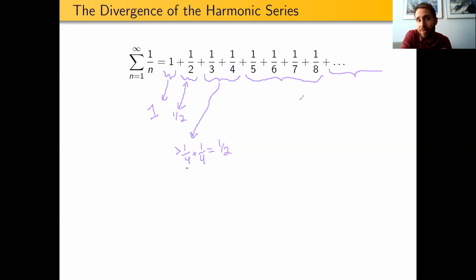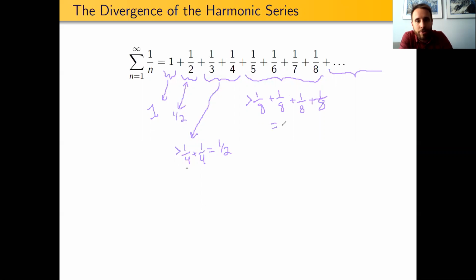The next 4 terms together, a 5th plus a 6th plus a 7th plus an 8th, notice that is going to be bigger than an 8th plus an 8th plus an 8th plus an 8th, right? Because a 5th is bigger than an 8th, a 6th is bigger than an 8th, a 7th is bigger than an 8th, and an 8th is just equal to an 8th.